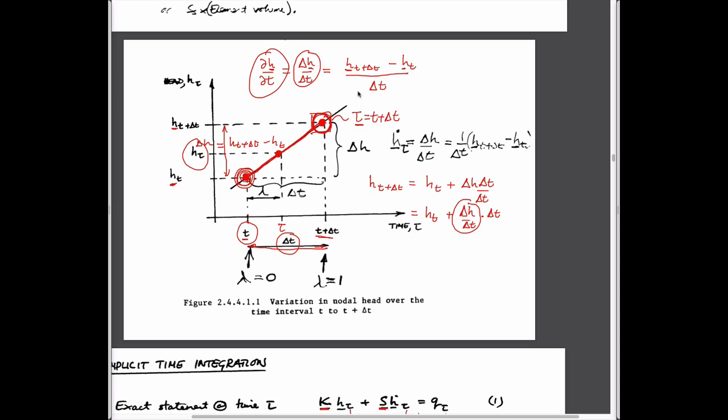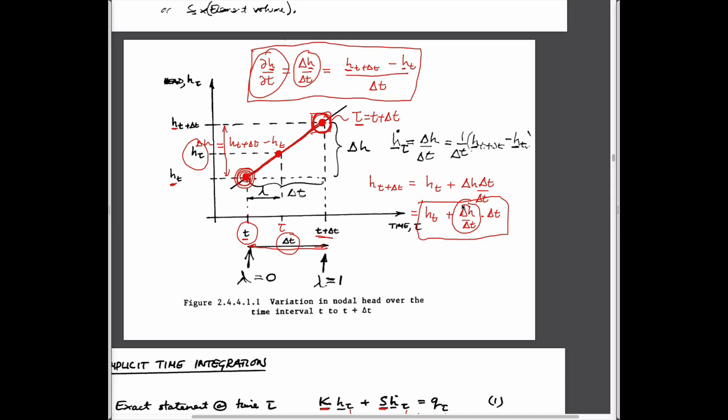We use the same relationships that describe the finite differences of change in head with time that we developed before, but this time we'll also use this expression which allows us to say something about how we can get the head at some time as a function of a change in time and a time step.